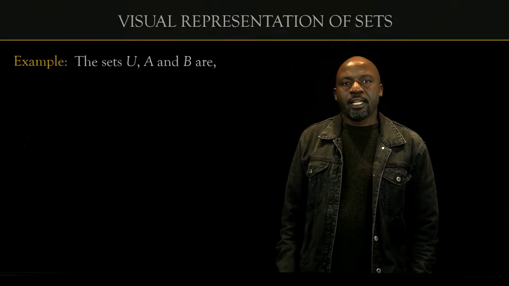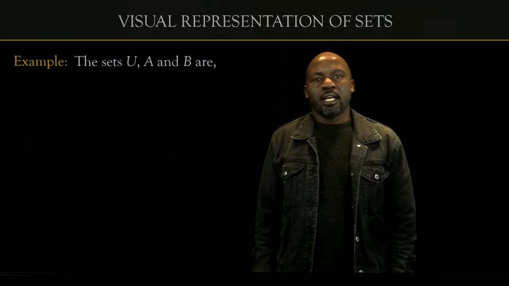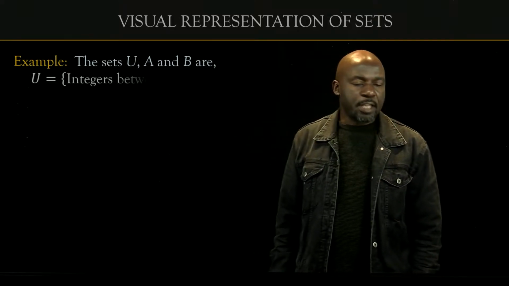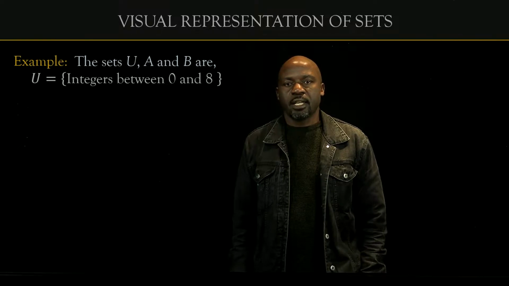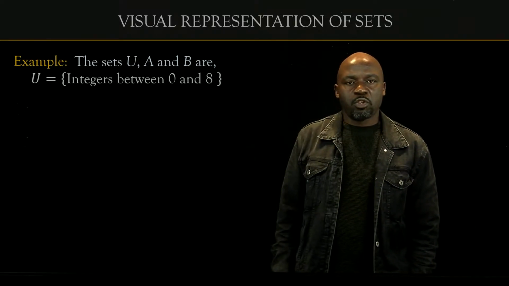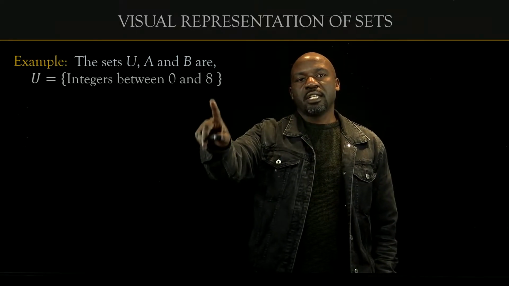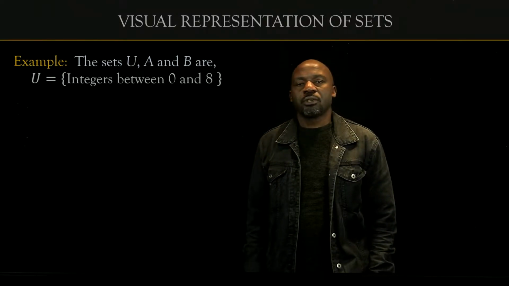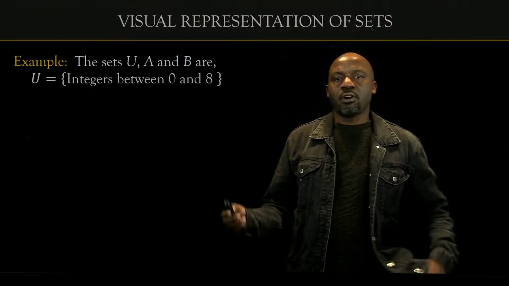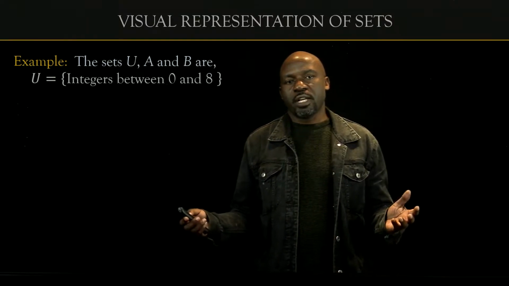The sets A, B, and U are such that the set U, which is the universal set, contains all integers lying between 0 and 8. I should have indicated inclusive, meaning 0 and 8 are also included. So let that be the universal set: all integers that lie between 0 and 8 inclusive.